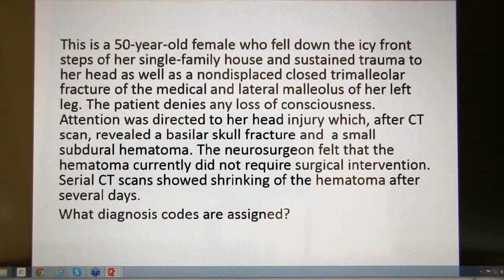So again, this patient's got multiple injuries, and we have the cause. So we're going to start with what would be considered the most severe injury, which would be the skull base fracture.